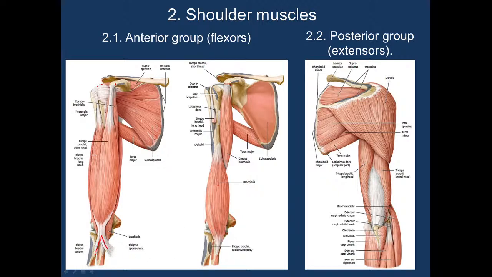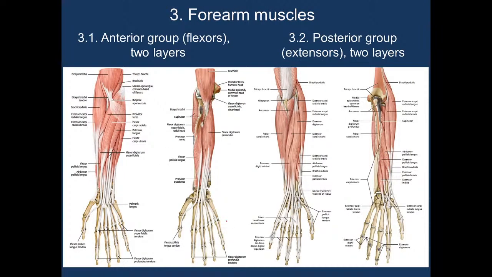It means this muscle works as a flexor for both joints, for shoulder joint and for cubital joint, articulatio cubiti. But coracobrachial is the flexor only for shoulder joint, but brachial muscle is the flexor for cubital joint only.